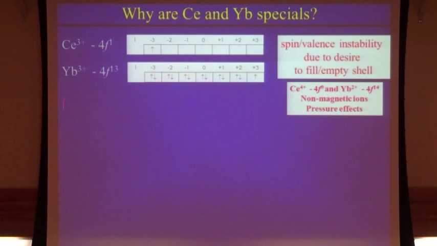So when you go to cerium and ytterbium, they have valence instability because they are close to filling or emptying the shell. So cerium 4+ is a non-magnetic state, and ytterbium 2+ also is non-magnetic. And the energies between cerium 3+ and cerium 4+, or ytterbium 2+ and ytterbium 3+, are close to each other.